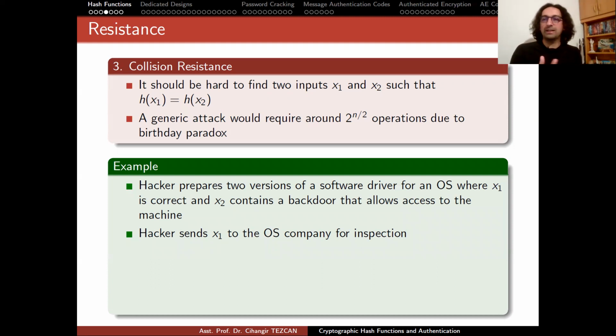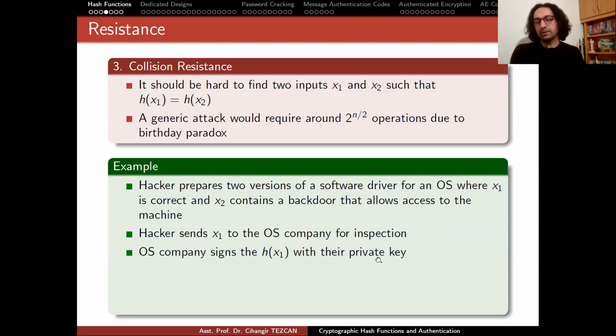So instead of signing the file, the operating system company actually signs the hash of it with their private key. We haven't seen public key cryptography yet, but assume that people have private keys, they sign messages with this private key, and everybody else can use the public key to check if they signed it or not.